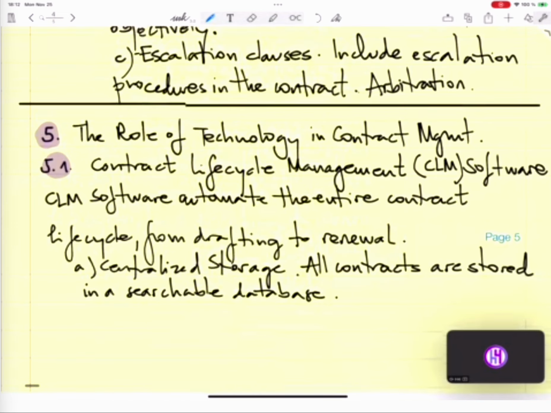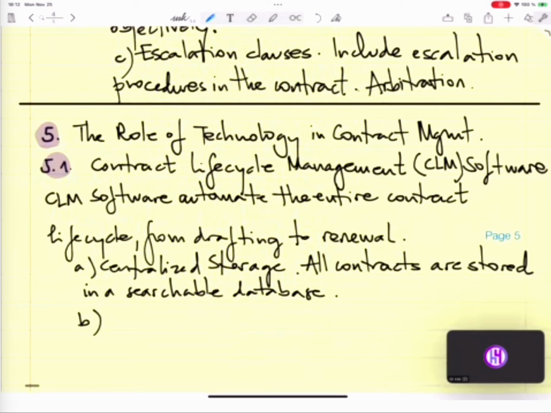Okay, from a volume above 1 million euro you need to do it. So you need to have automated alerts.